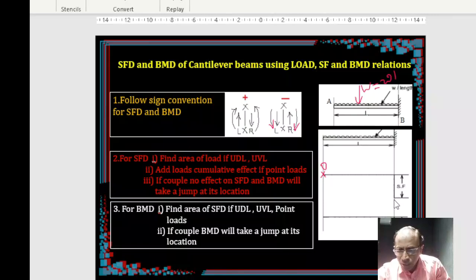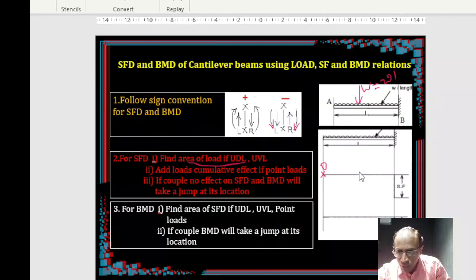either any 2 or 3 points as I told you. One you have taken already in the beginning, up to distance L. If you want to get the shear force, you can simply find the area of the UDL wherever you require.